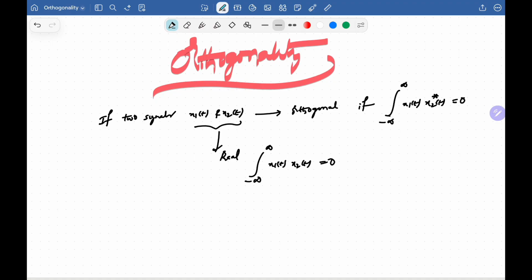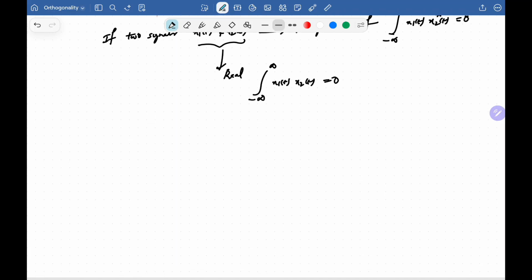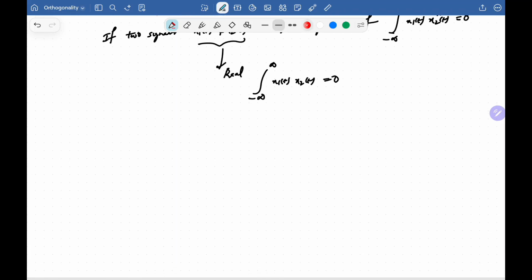You didn't get it, right? Let me solve one question, and you will easily understand. Suppose they have given a signal x1 of t with respect to time, from 0 to 4, with amplitudes 4 and minus 6.